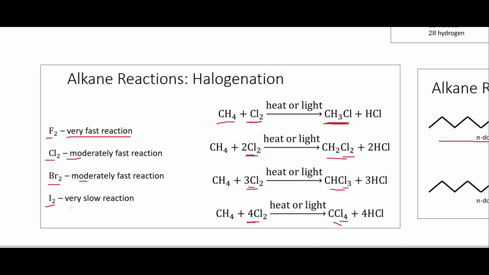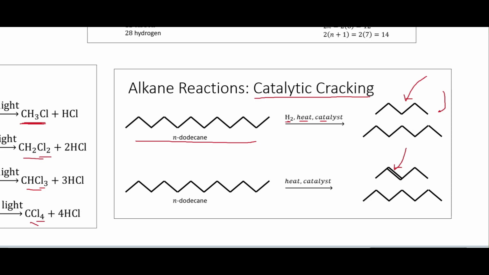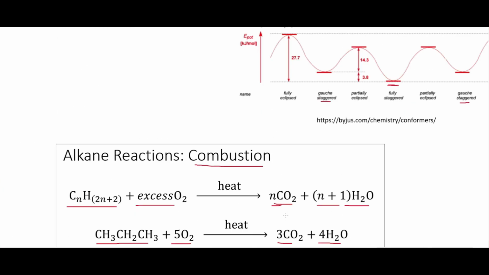But anyway, those are just a few of the reactions when we're purely talking about alkanes. When we start getting into cycloalkanes in the next video, and then alkenes, and then start adding other functional groups and substituents on, there are more interesting reactions. But these are the reactions for pure alkanes.